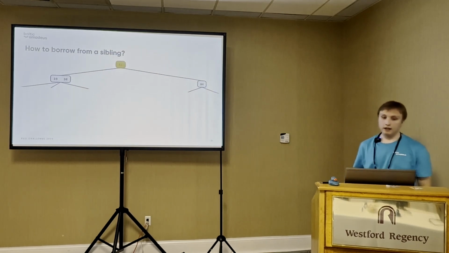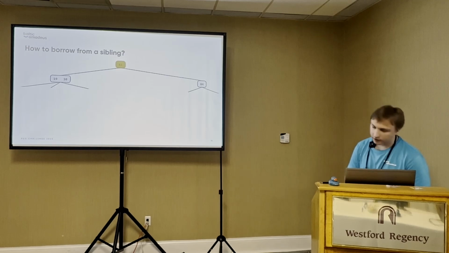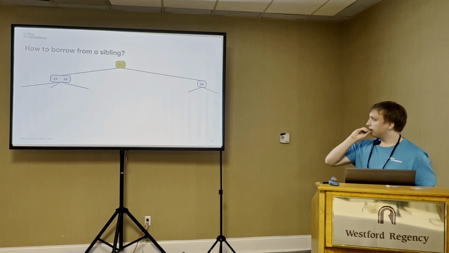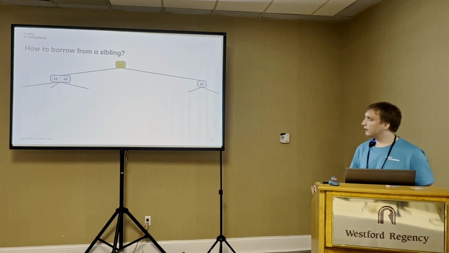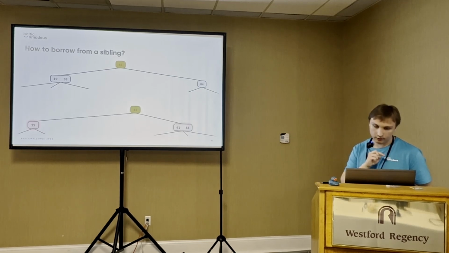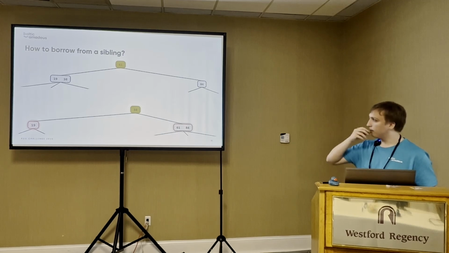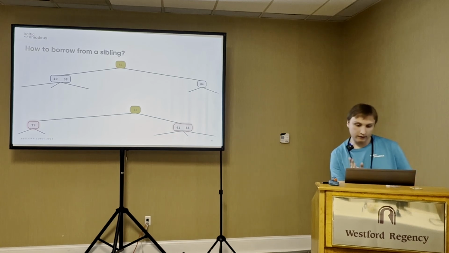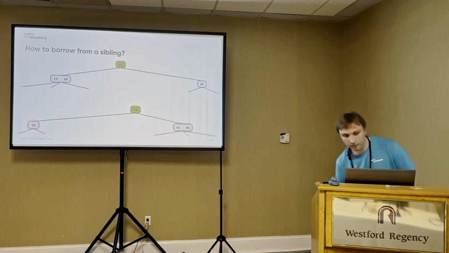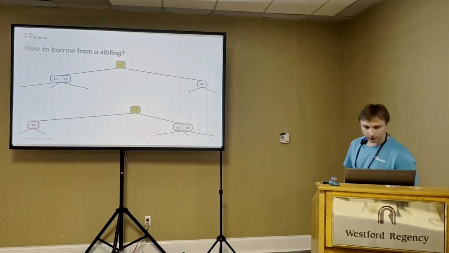For instance, we're looking for 84, and as you can see, 84 has only one key, and we could not delete it. Thus, in a more advanced movement, to make sure that the node which contains 84 is not too small, we borrow from the sibling of it.